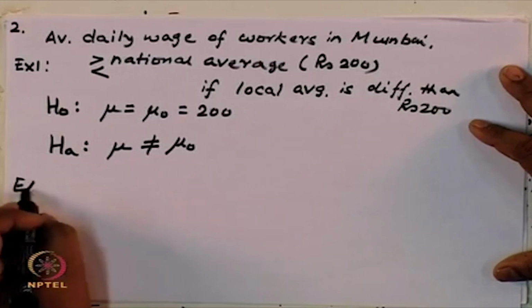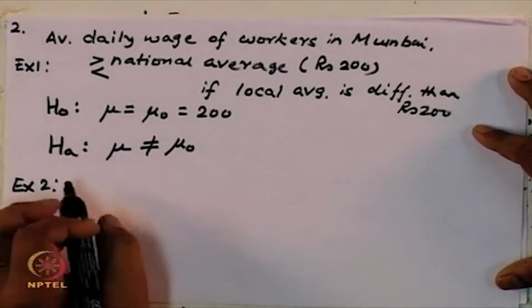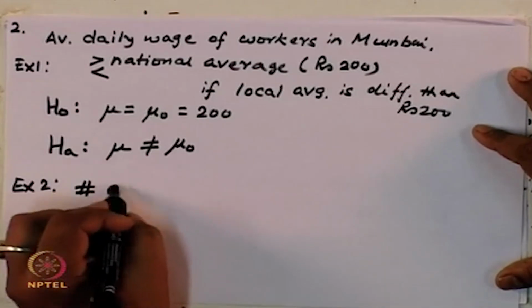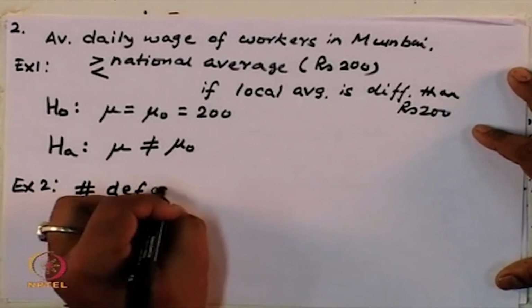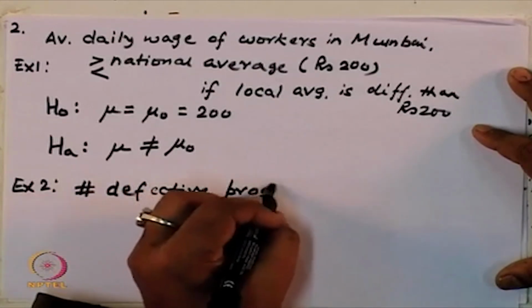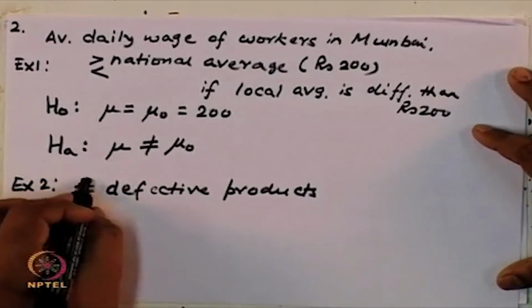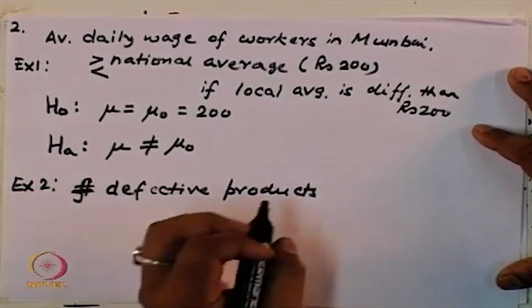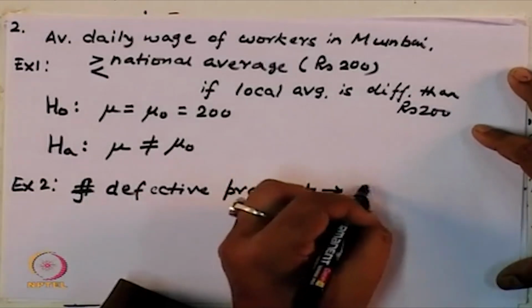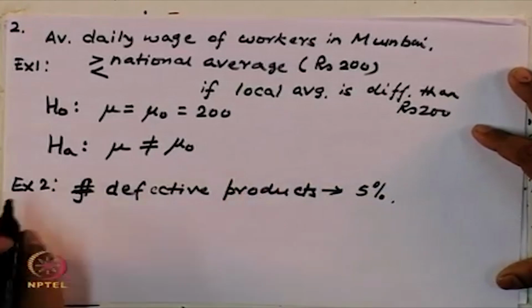You can have another example. Imagine you have the fraction of defective products, let us say roughly 5%, made by a company in a particular line.